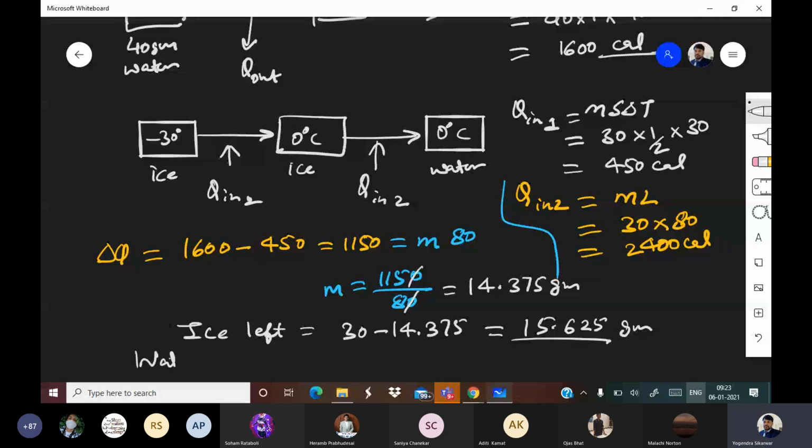So water will be how much? 40 was already there, plus due to melting of ice, and how much ice is melted? 14.375. So 54.375 gram. Ice is also there, water is also there, so temperature of mix will be 0.